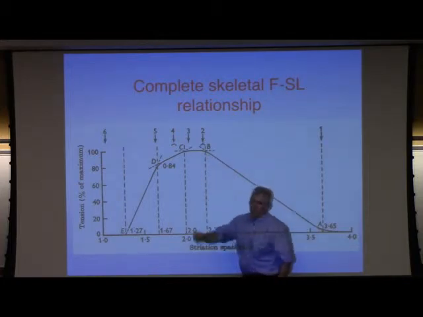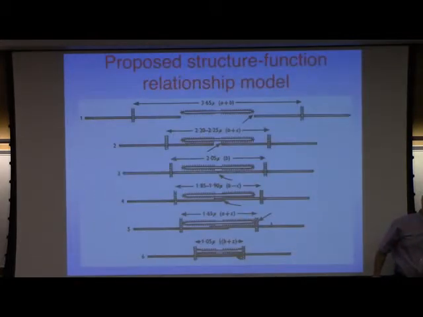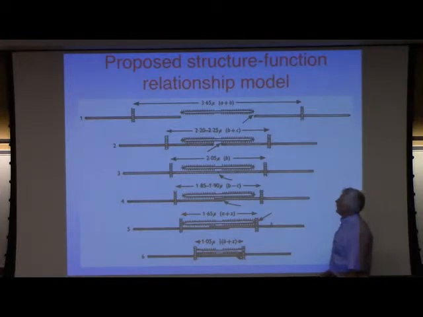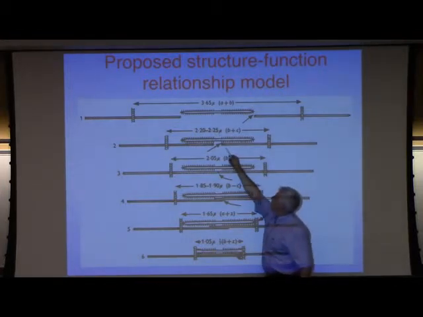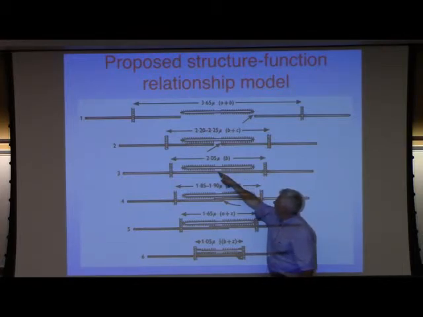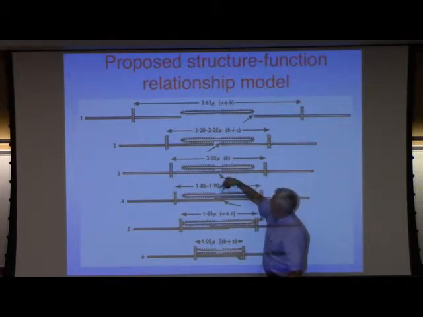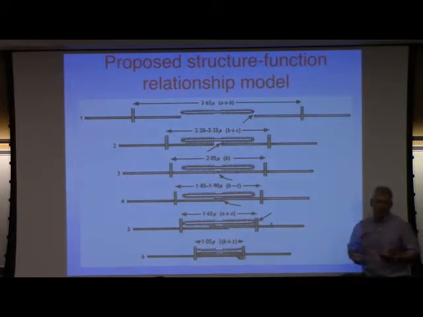Then we get up here where we hit a plateau, and that comes from essentially this point where you've recruited all of the cross bridges you can, and then the sarcomere can continue to shorten, and the thin filaments touch here, and then they actually cross over. So in this zone you've gotten all your actin-myosin, and that gives you a plateau in force.